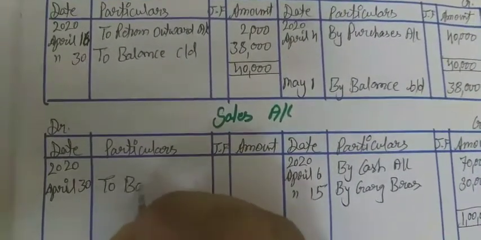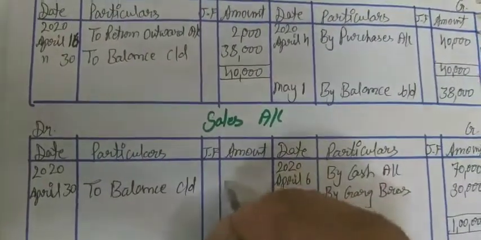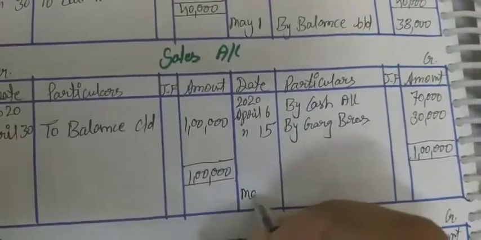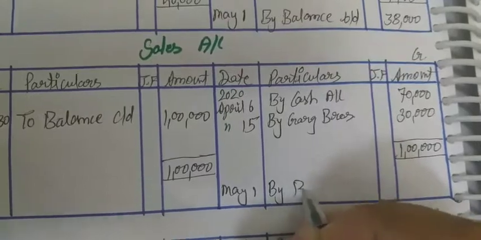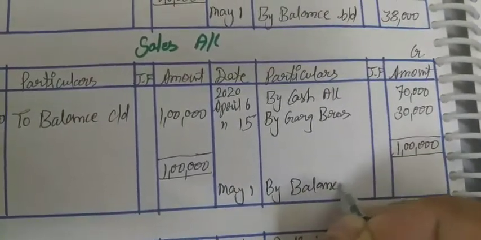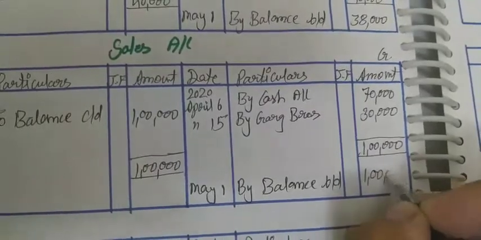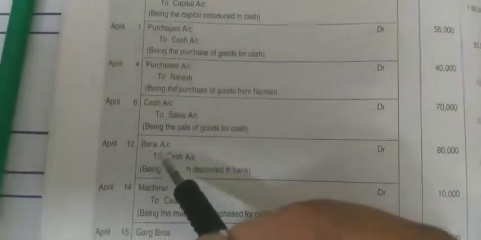To balance, CD has rupees 1 lakh, and this balance is transferred to the next month's first date. By balance, BD 1 lakh rupees.